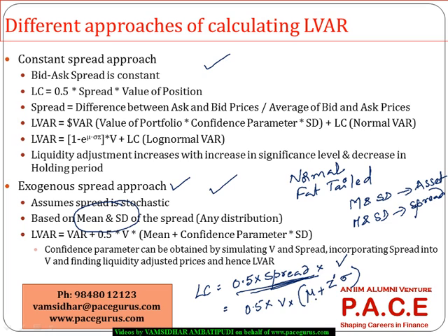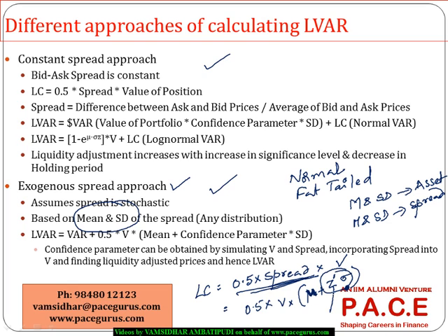If sigma is 0, meaning no volatility of the spread, it is nothing but the mean spread itself. So if there is some volatility, we add that additional volatility factor here.